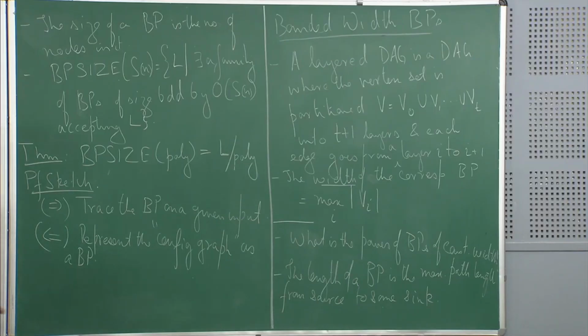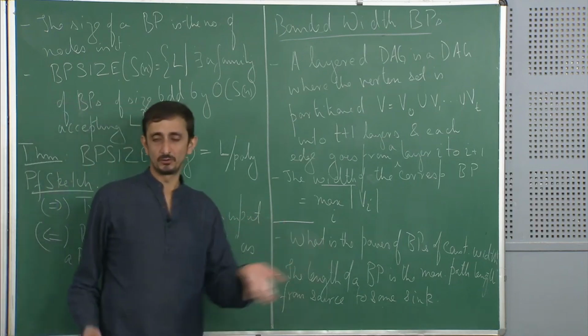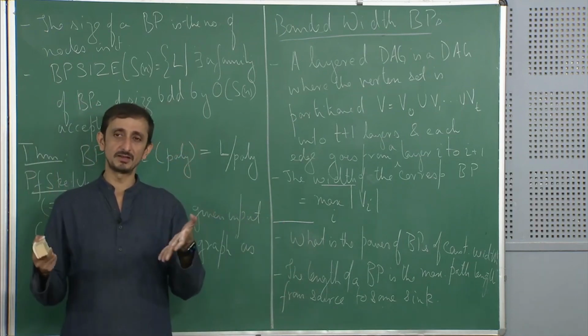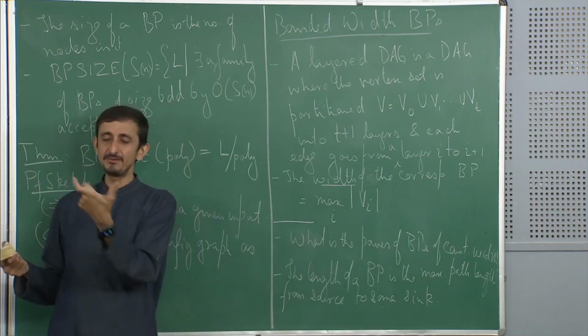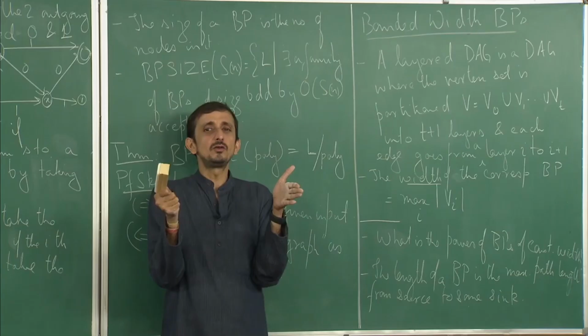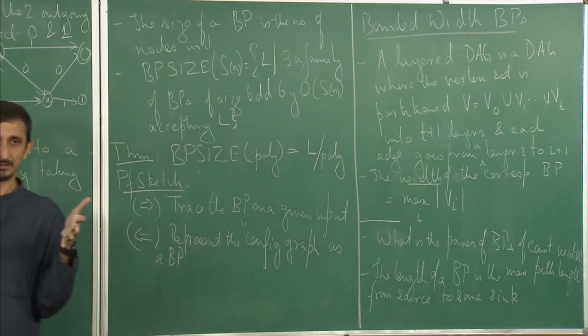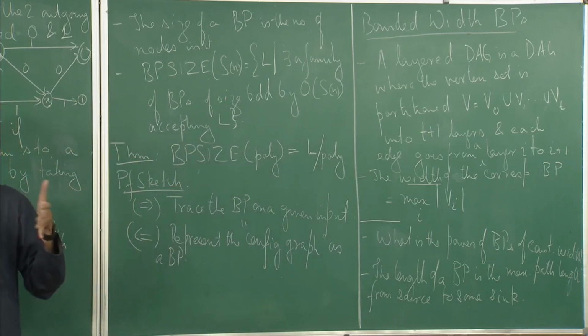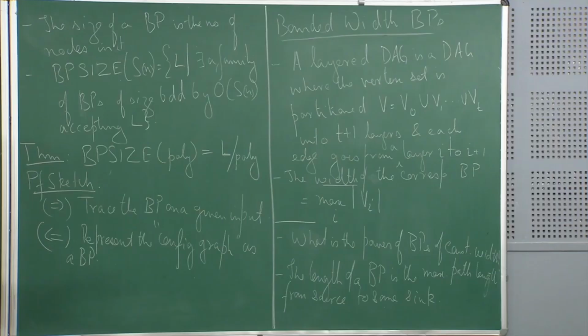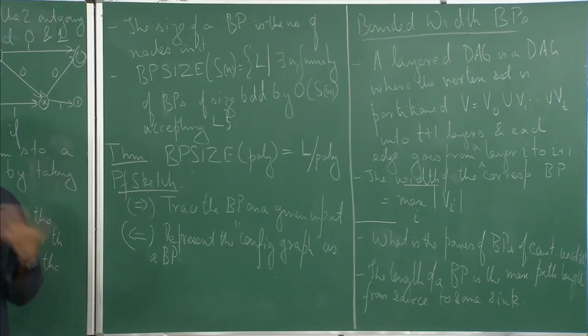Okay, so now the question is, what is the power of constant width branching programs? If you think about it, essentially at every layer it can only encode a constant amount of information, right? So it was not expected to be too powerful.